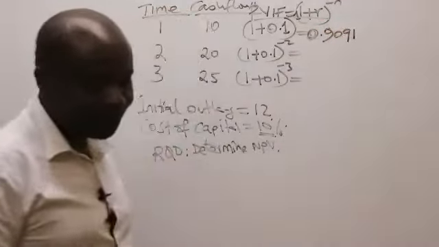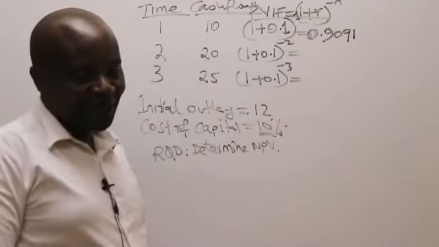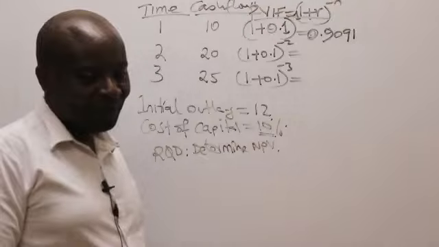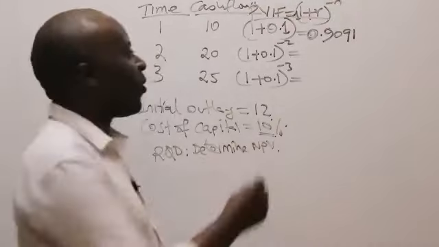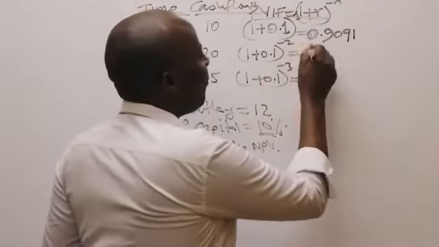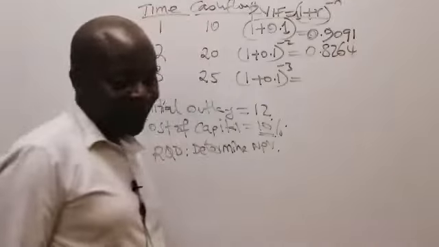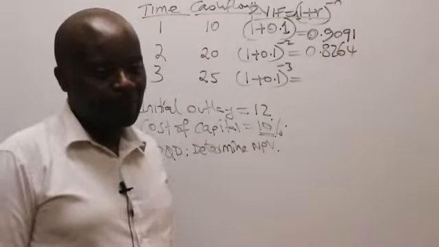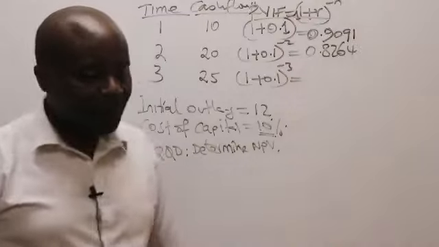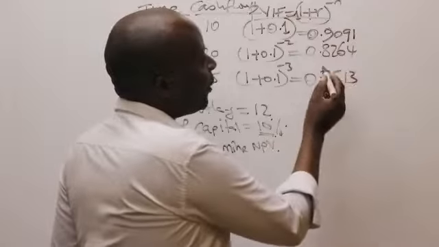How about the second one? It is 0.8264. The third one is 0.7513. So these are discounting factors.